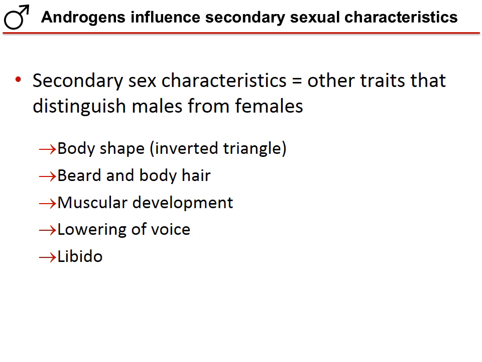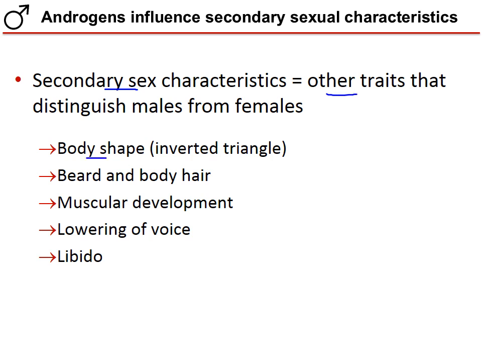Androgens are important for gametogenesis, etc. When we talk about primary sex characteristics, we talk about the primary characteristics which distinguish males from females. But androgens also have a number of effects on the body in addition to these, because they're also involved in secondary sex characteristics, in other words, all the other traits which distinguish males from females.